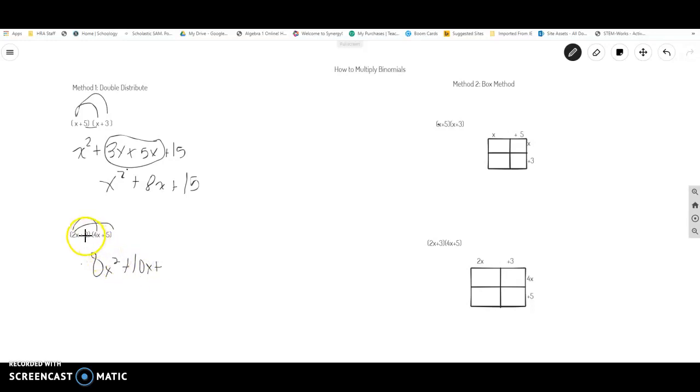Then we're going to do 3 times 4x, which would be a 12x. And then we're going to do the 3 times the 5, which will give us a 15.